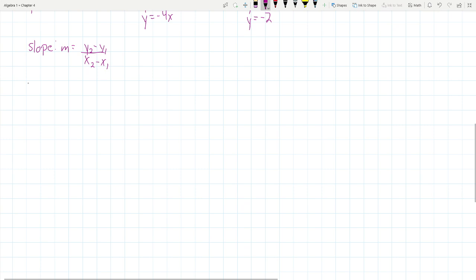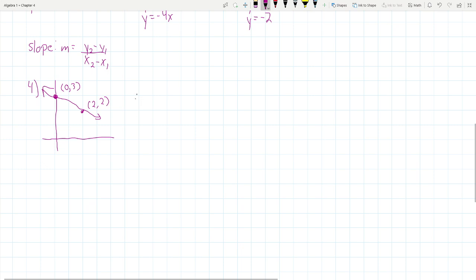Where we see that is here in number 4, where we're given a graph where we have a couple points, 0, 3 and 2, 2. And there's a line that goes between those. That's totally straight.